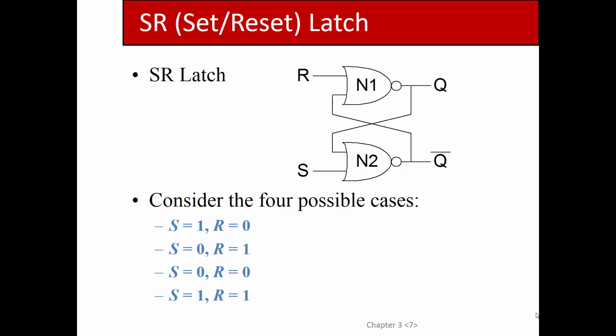If I put a 0 for R and a 0 for S, the 0 on this guy will mean that the other input is going to determine what comes out of there, right? Whatever was in here previously is going to essentially get inverted through this guy and come out as Q. Does that make sense?